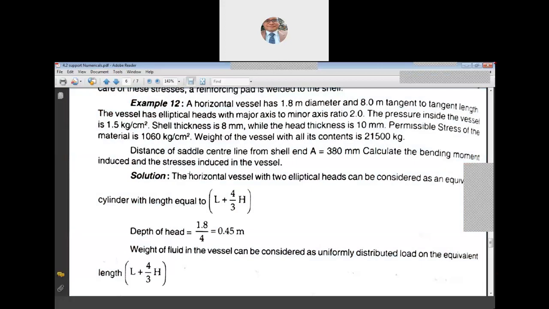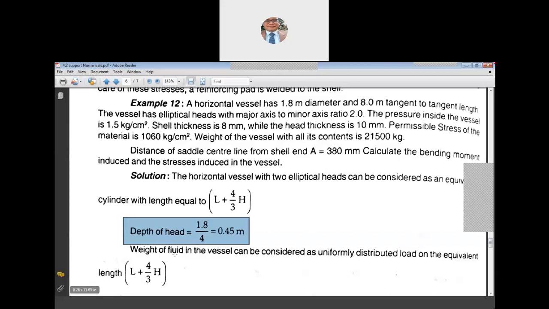So the horizontal vessel with two elliptical heads can be considered as an equivalent cylinder with length equal to L plus 4 upon 3 into H. And in this case, the depth of the head is taken as 1/4 of the diameter of the vessel. So 1.8 divided by 4 is the depth of the head.